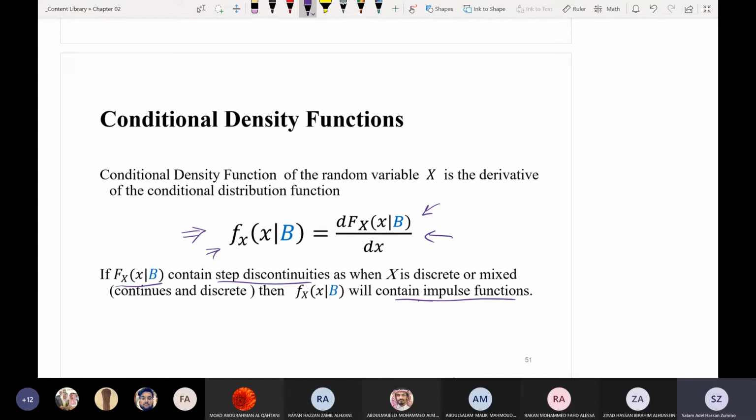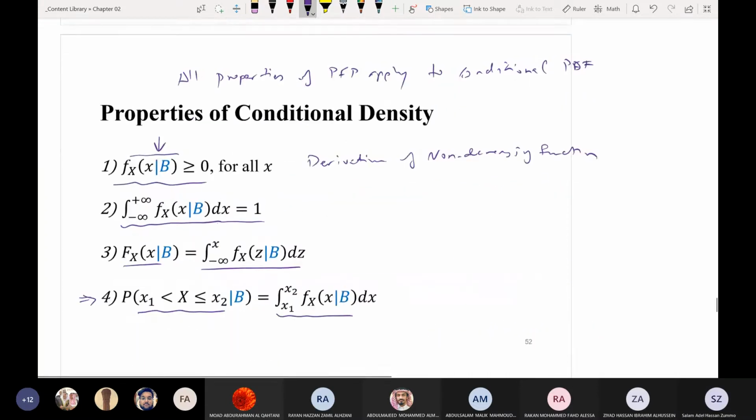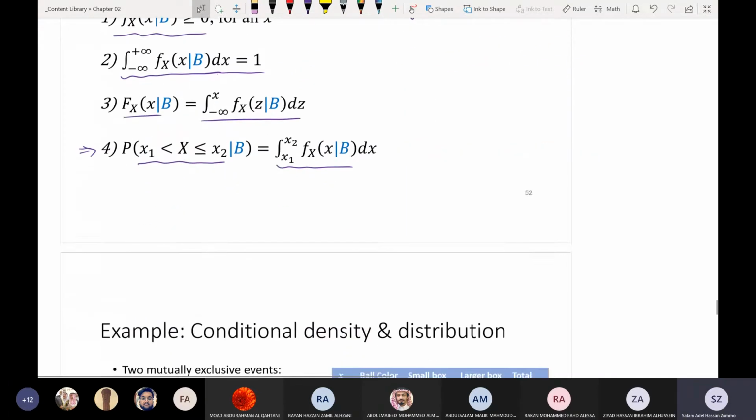If you have a discrete random variable, then the conditioning will end up with step functions, and the conditional density function will have some impulses in it. And we also said that all the properties of a PDF apply to conditional PDFs. And then we stopped here.